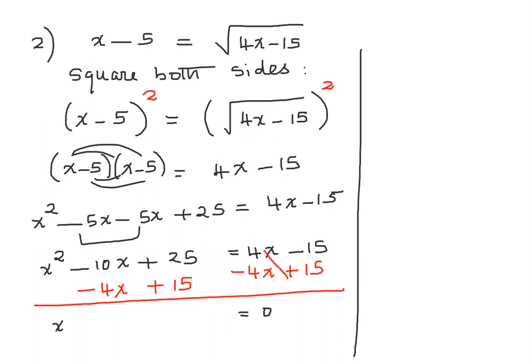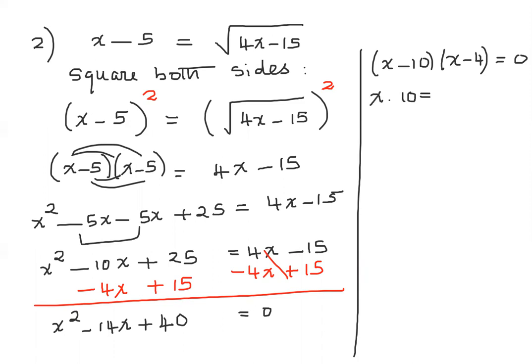So here we get x squared minus 14x plus 40 equal to 0. When we factor, we get x minus 10 times x minus 4 equal to 0. So x minus 10 is 0 or x minus 4 equal to 0.